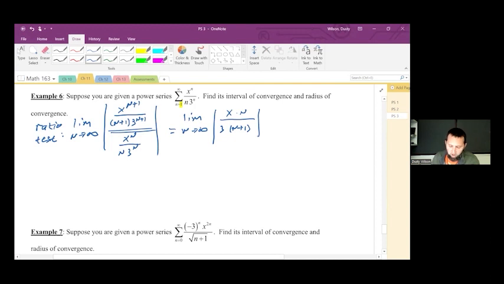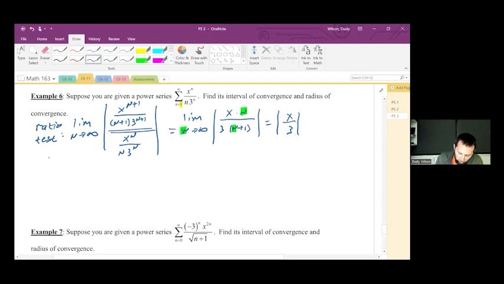You'll notice that the only thing changing here is the n. And so as n goes to infinity, n over n plus 1 will approach 1. So this whole quantity will approach the absolute value of x over 3. Okay. We want this to converge.